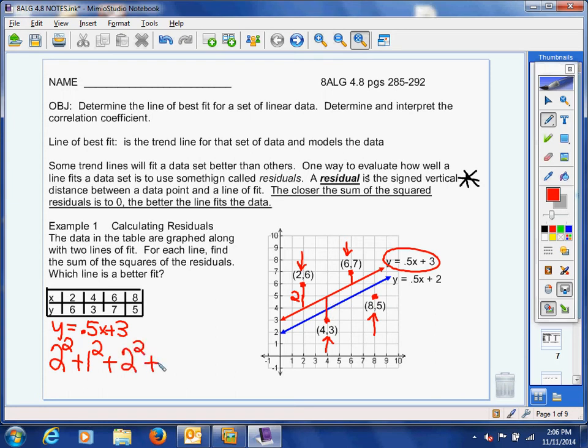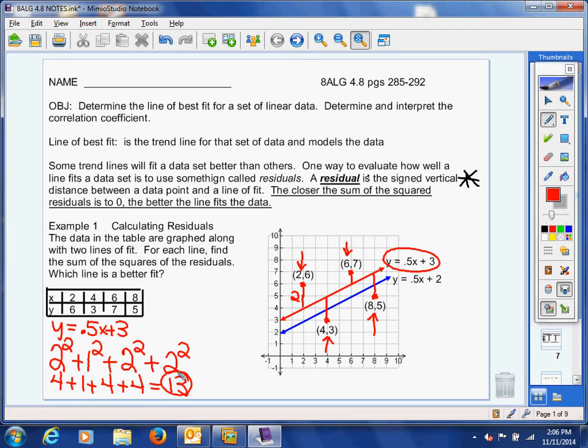And (8, 5) is 2 units away. That vertical distance is what we call a residual. It's the distance away from the trend line. We square each of those numbers and add them up. So we have 4 plus 1 plus 4 plus 4, and that's 13. So that's for the red line.